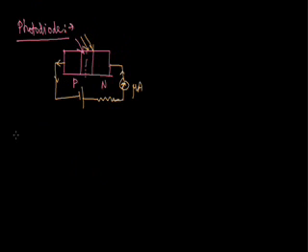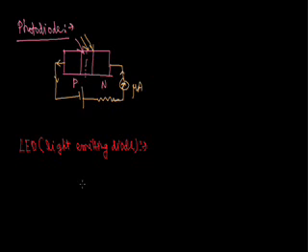Now next is our LED, light emitting diode. The full form is light emitting diode. It is the diode which emits light whenever it is used in forward bias.